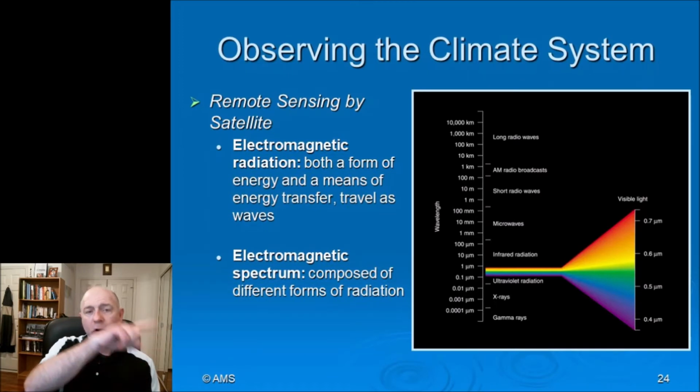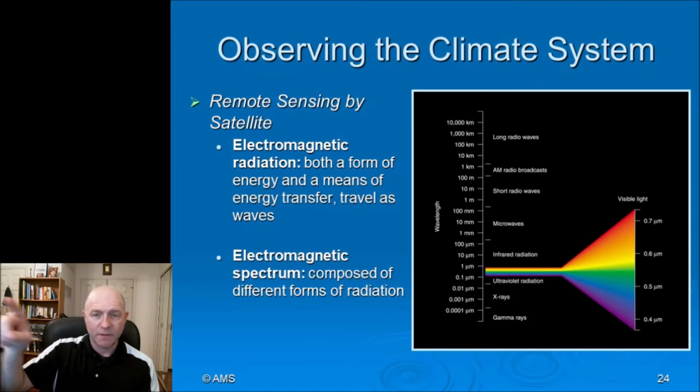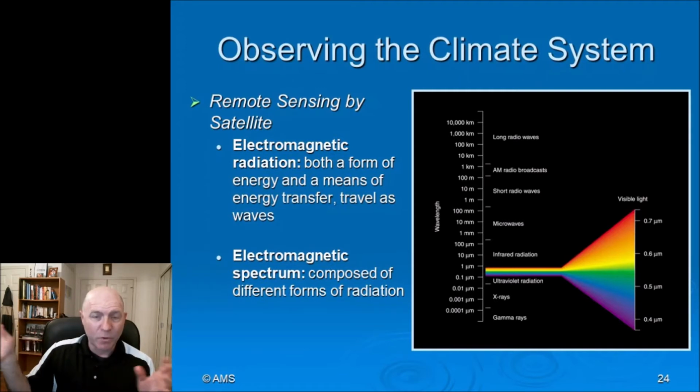Longer wavelengths are things like radio waves. Shorter wavelengths are things like gamma rays. It's these shorter wavelengths that have much, much higher energy, and if you're exposed to those, they start messing with your DNA, so it's not something you want to play around with. Fortunately, there's not a lot of that running around naturally.